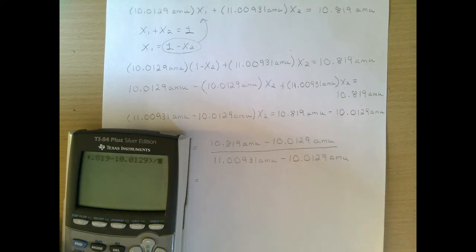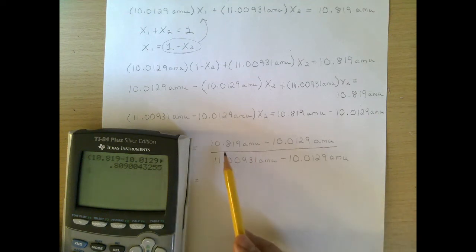We'll do our division symbol. Open a parenthesis, 11.00931 minus 10.0129, close that parentheses, and we get our value of 0.809004325.